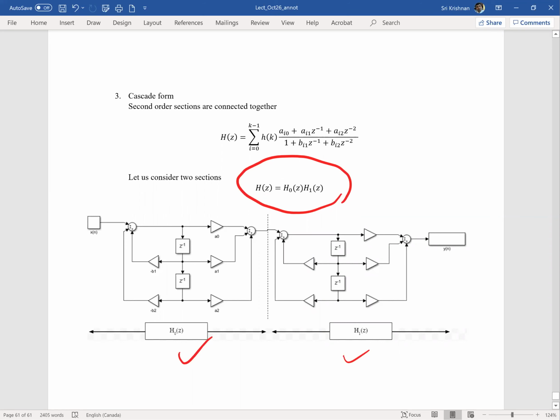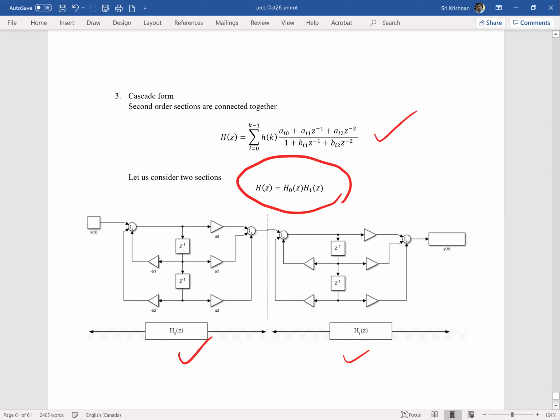And typically that's been adopted in all practical designs when we want to do a higher order filter design, especially when the order tends to be greater than a certain number. For example, if the filter order is more than 4 or 6, then we break this into small chunks of filters. It's easy to break because it's all represented by this function.